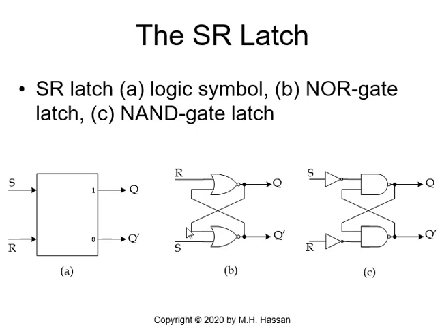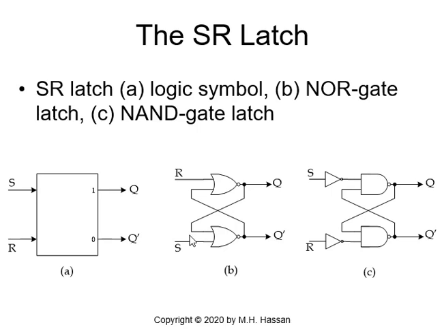So the upper NOR gate has inputs R, which is 0, and Q prime, which must be 1, so 1 NOR 0 is 0. So the next state, Q plus, will remain 0. If we started with 0, it will remain 0.